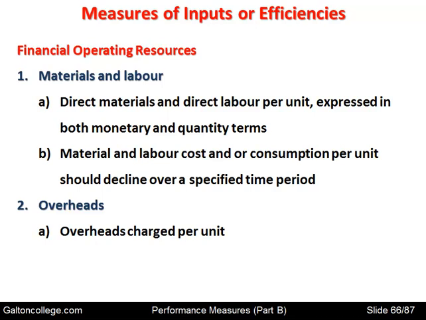So divide out, take the total overhead charges of the business and divide them out by the number of units and get some sort of indication of how much per unit should be added on to cover the overheads. So it's not just the direct labour and materials, it's also the overheads that need to be added on to get some indication of the true cost of the output.